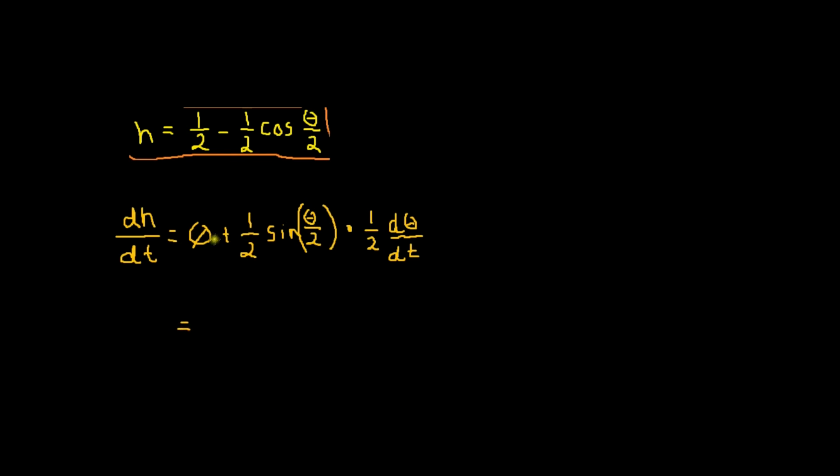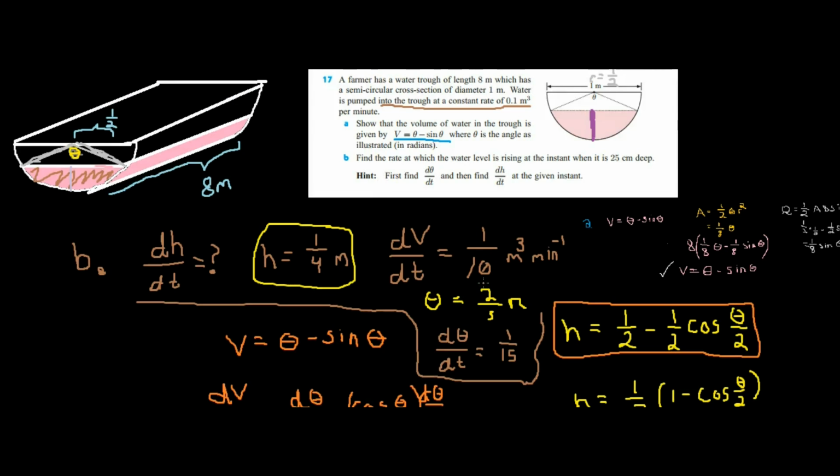So we don't forget about that, it's equal to 1/2 sine of 2/3 pi over 2, times 1/2 d theta/dt. This is why we need d theta/dt, right? d theta/dt we said was 1/15.